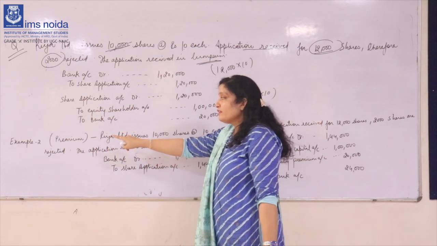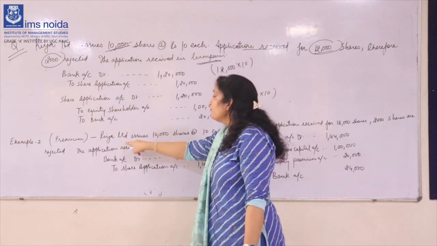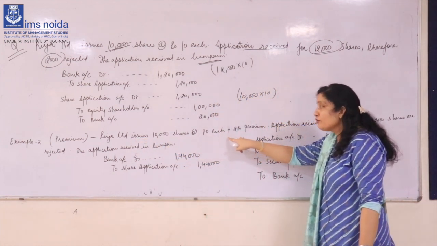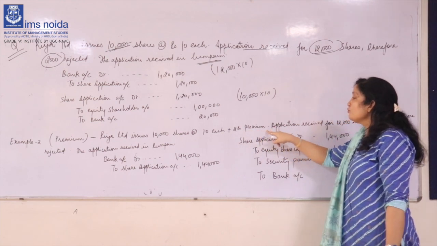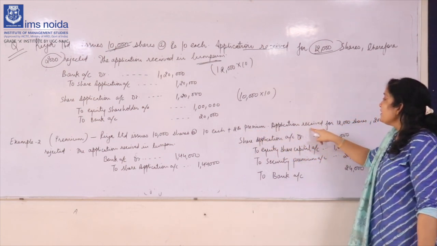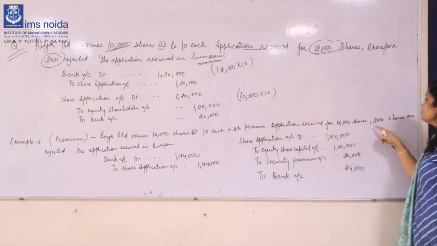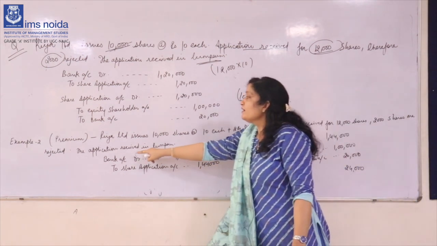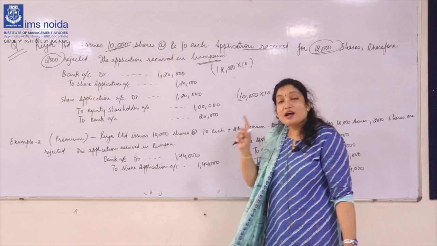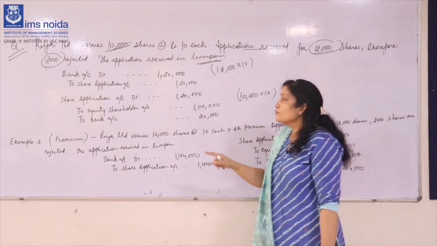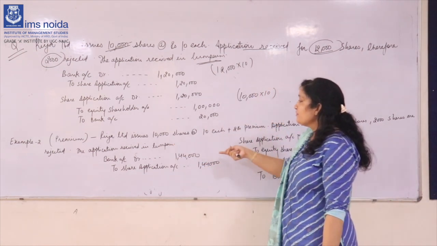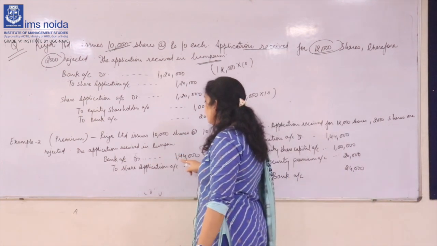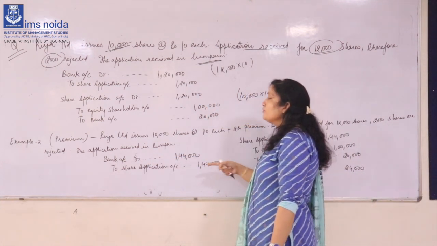So for this we are taking the example of RIA Limited issues 10,000 shares at the rate of 10 each plus 2 premium. Application received for 12,000 shares. 2,000 shares are rejected and the application received again in lump sum. So what we will do here, we will place again the entry bank account debit to 1,44,000.